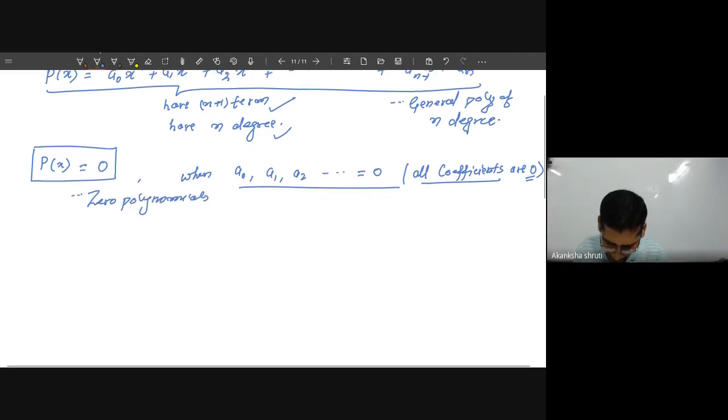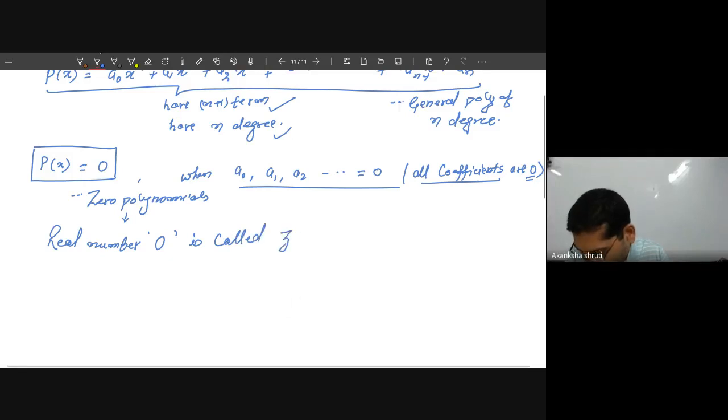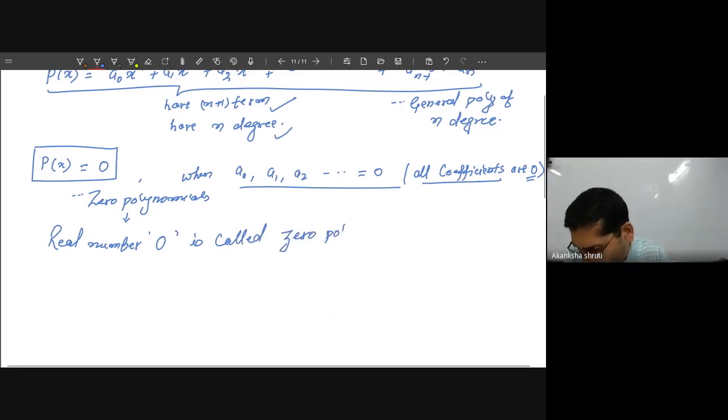Students, so what is the zero polynomial? The polynomial whose value is 0, or the real number 0, is called the zero polynomial.